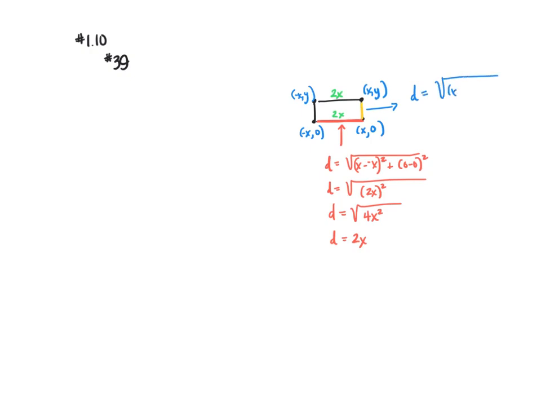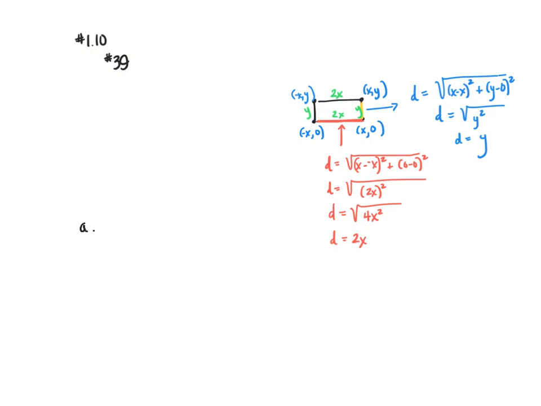So notice when I do x minus x, that's going to go away when I square that. And then y minus 0. So that's going to give me the square root of y squared. And since it's a distance, I can say that that distance is y, because I'm going to have a positive distance. So that's going to be y, and that's going to be y. So that'll help me do the area.